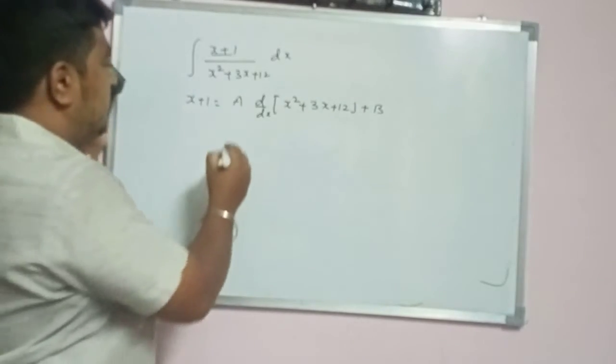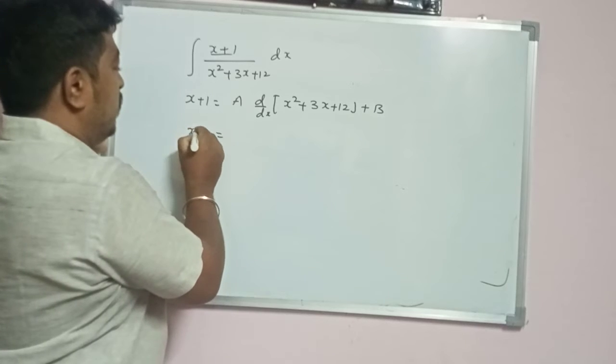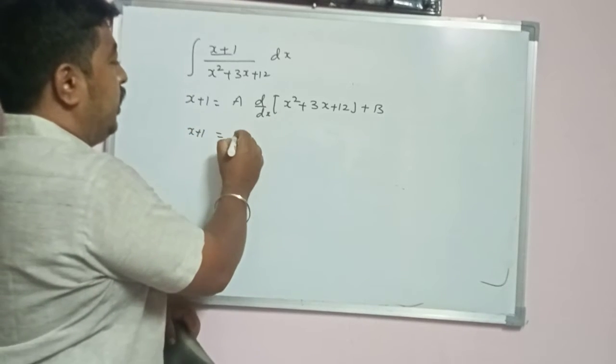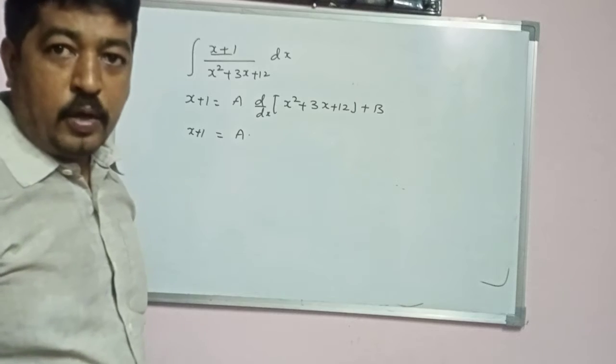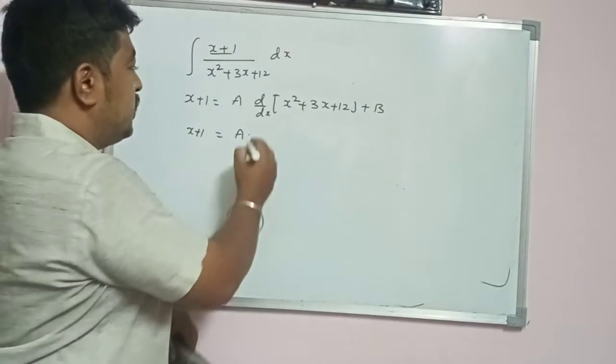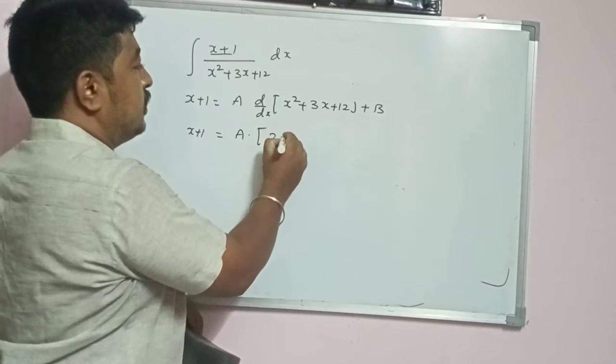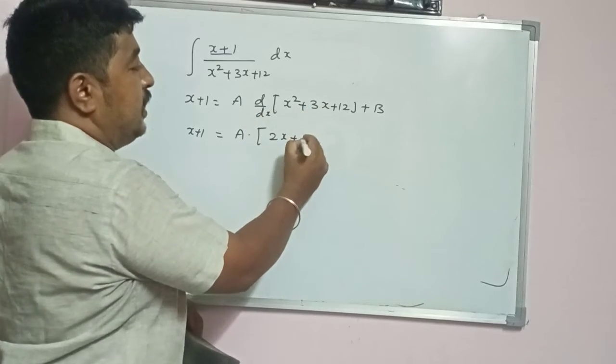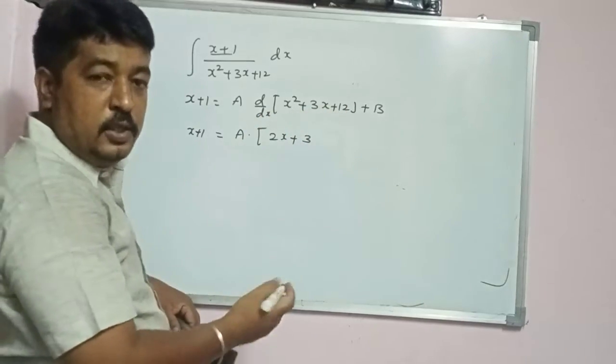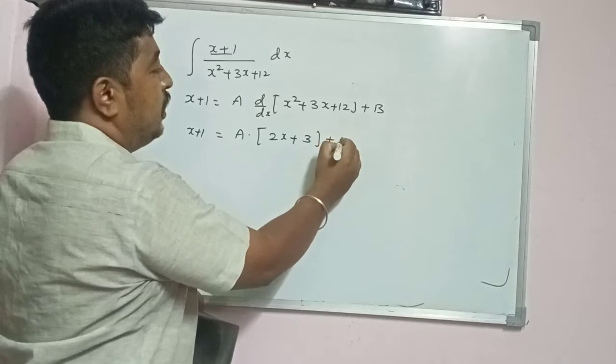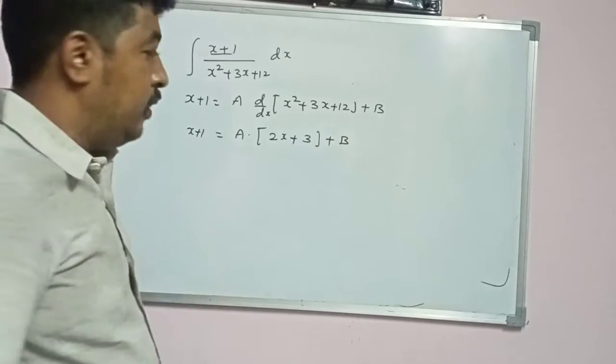The derivative of x² is 2x, the derivative of 3x is 3, and the derivative of the constant is 0. So remaining is B. Now I want to find the A value and B value.